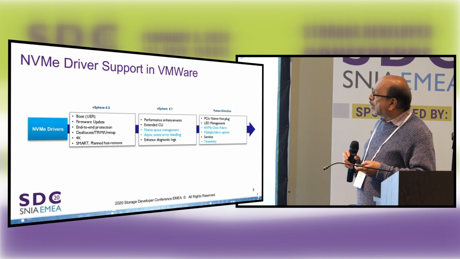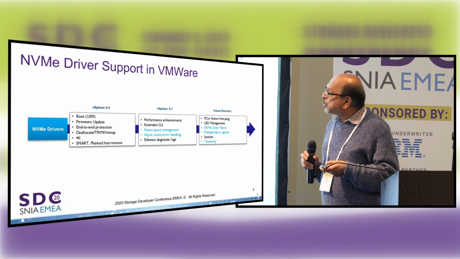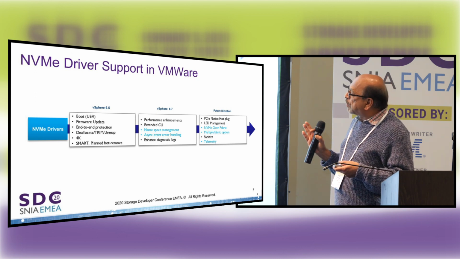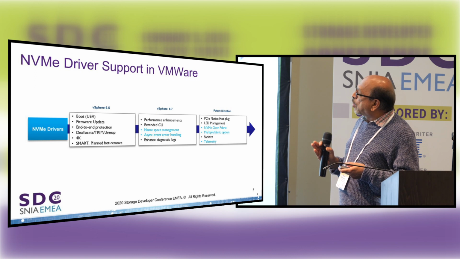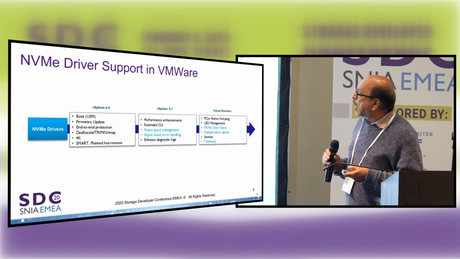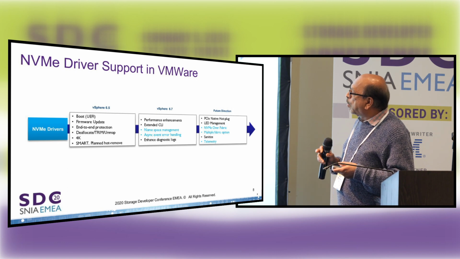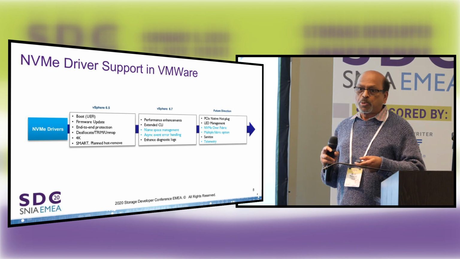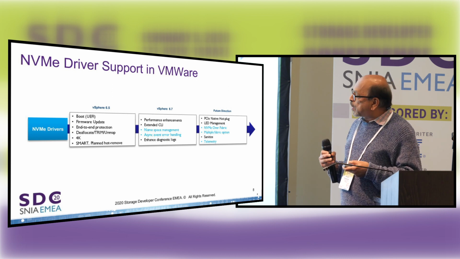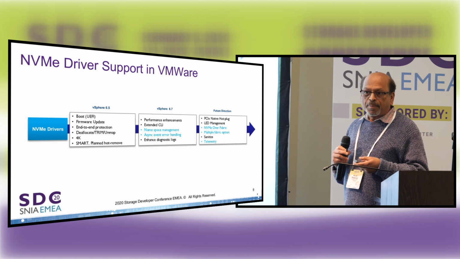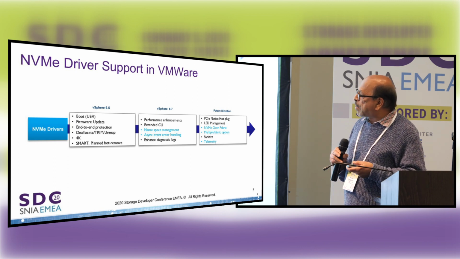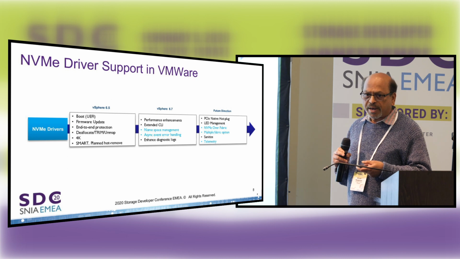The idea of this chart is to show that as we release different vSphere releases, we will be continuing the support in terms of NVMe features. I'm not going to go through all of them, but to call out that the current release is 6.7, which is inbox, and that supports namespace management and, for people who are familiar with NVMe, async event error handling.